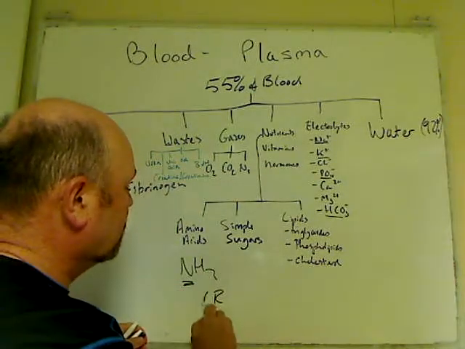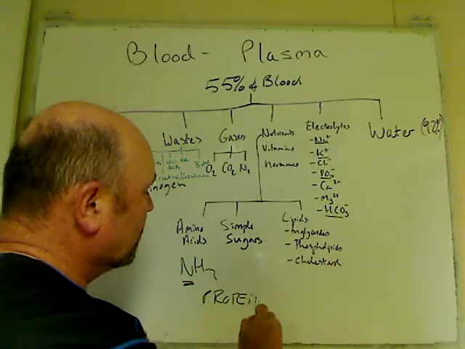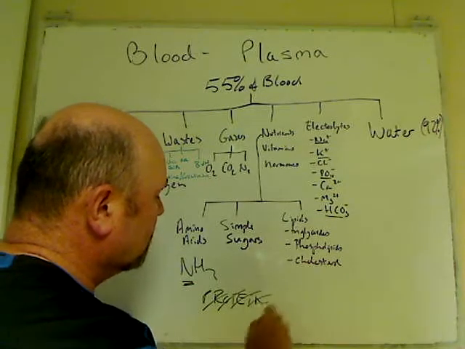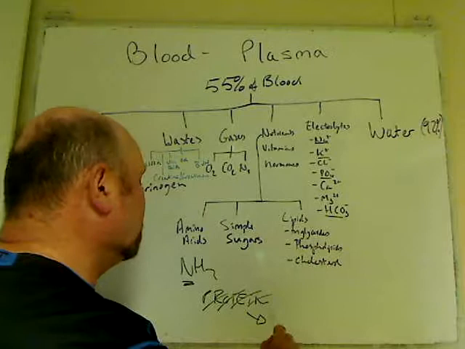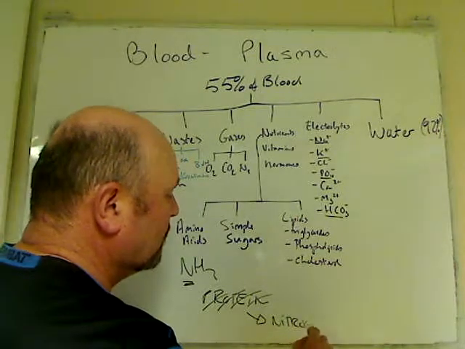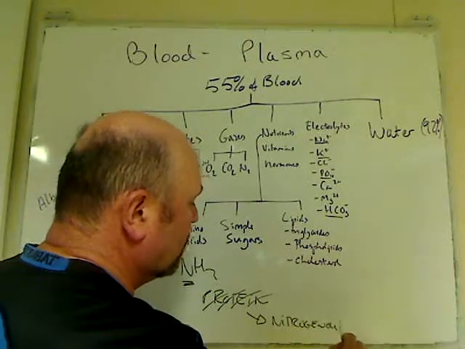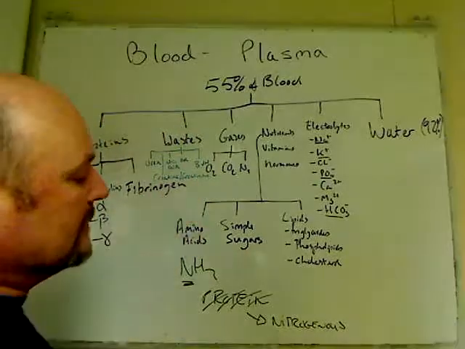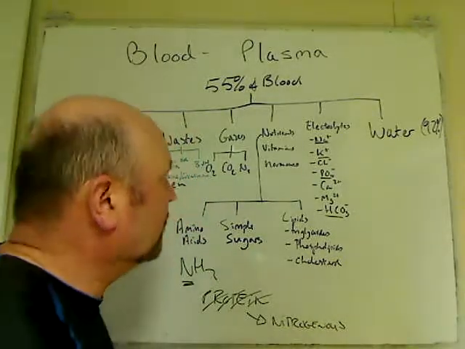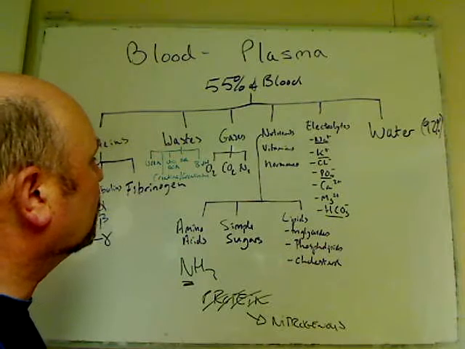So as you break down a protein, you end up with nitrogenous products, and these can become dangerous to the brain and other organs if they're not dealt with quickly.